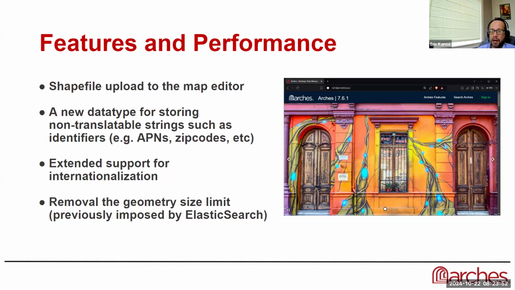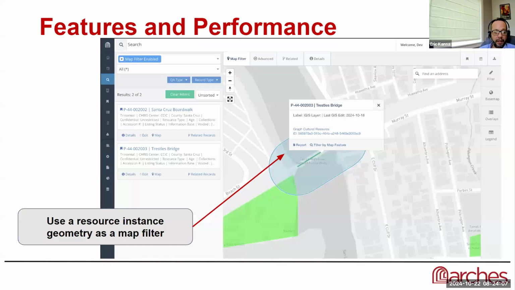Also part of the Vue.js, there's a lot more support for internationalization. And there's been some enhancements to search, especially with sizes, geometries that get indexed. And this is a nice little example of one of those enhancements also to search.